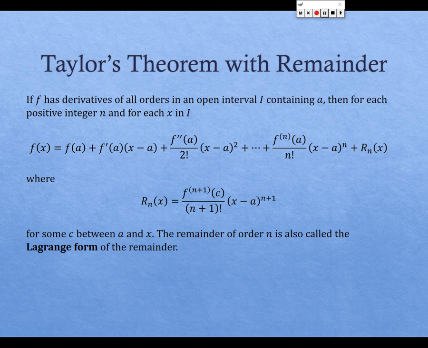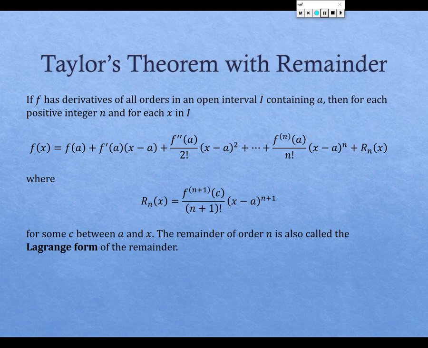And that c, we can guarantee, is some value in the interval where we're estimating, somewhere in between x and a. But notice everything else is just n plus 1 factorial, n plus 1 is the power, it's the n plus first derivative. It's basically the next term, except not evaluated at the center, but at some value c.